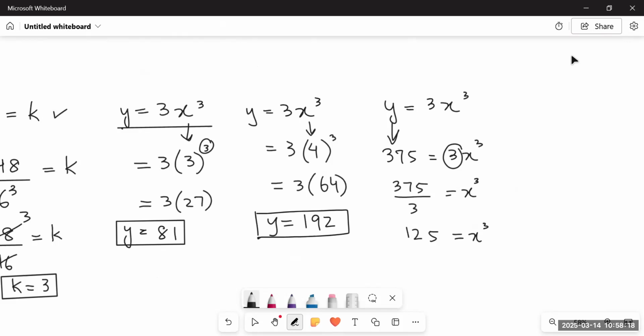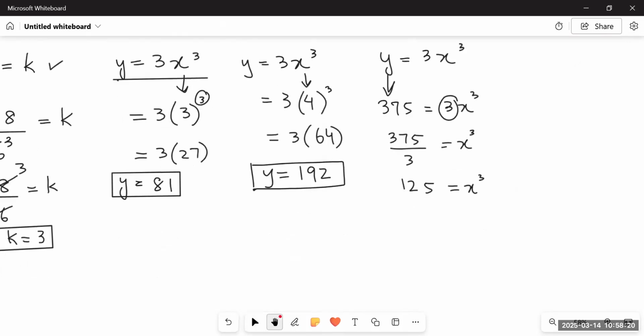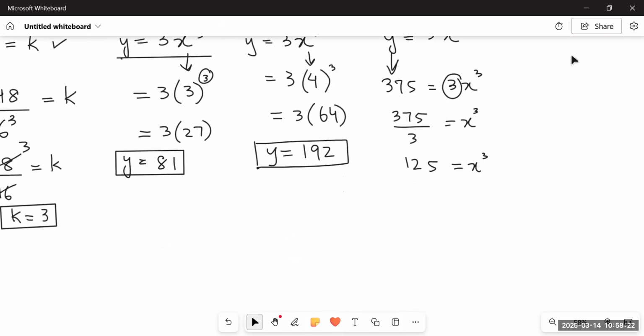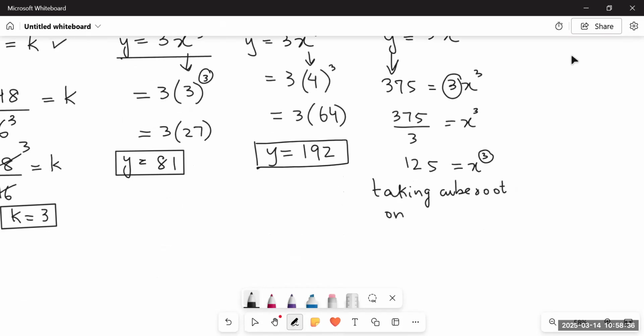You should learn some of the perfect squares and perfect cubes for this question so that you won't get any confusions. Now, since we have a cube over here, we will take cube root on both sides. So it becomes cube root of x cube is equal to cube root of 125.